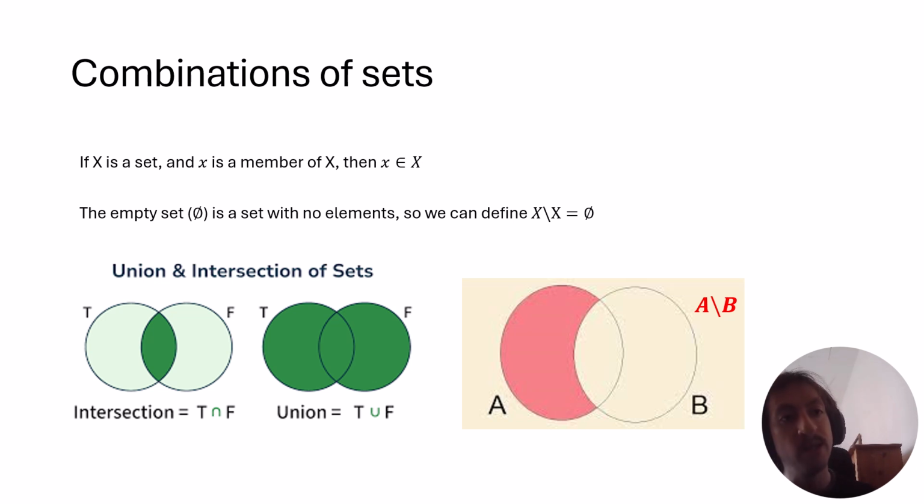However, the difference between two sets, so A/B, clearly the result of that depends on whether A is first or B is first. If we look at our diagram, we can see that A/B is going to be clearly very different to B/A.